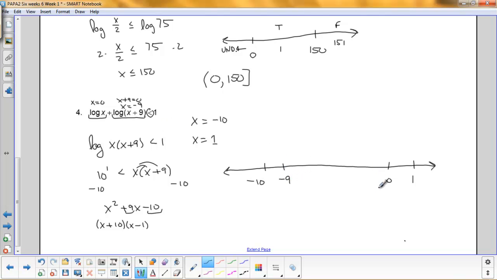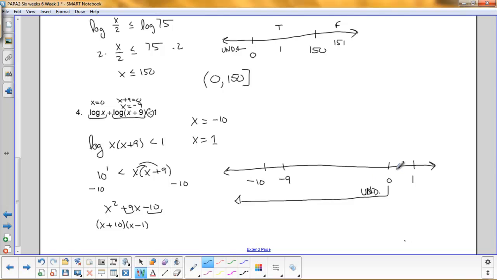In doing this, now I can determine which points are not suitable for testing and which ones are. So starting at 0, the entire problem becomes undefined for any value less than 0. That means that negative 10 and negative 9 are both out as possible solutions to this inequality.